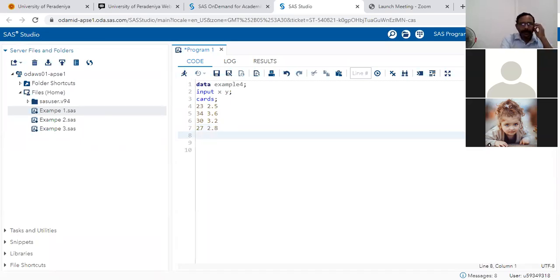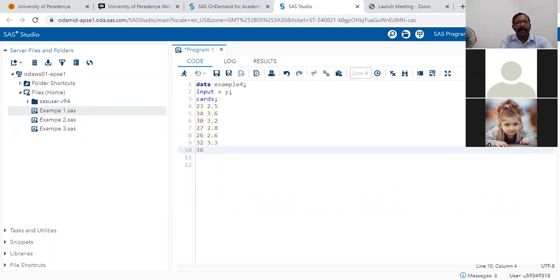Then 26, giving a yield of 2.6. 32, giving a yield of 3.3. As an example, I'm just cooking up the data.